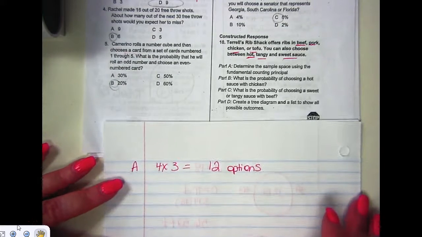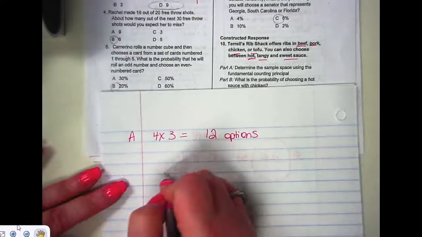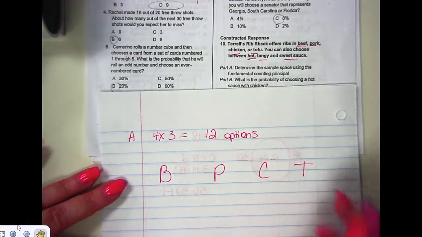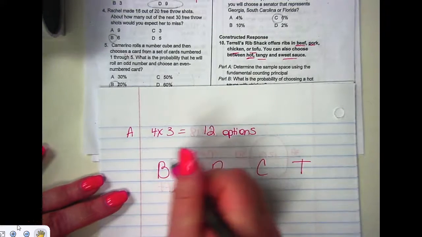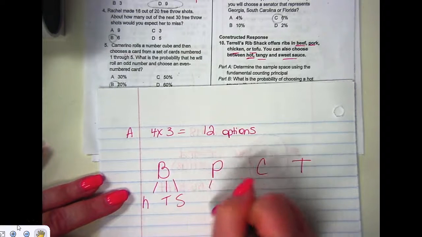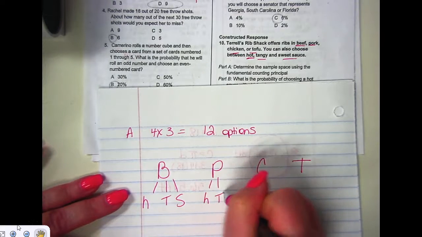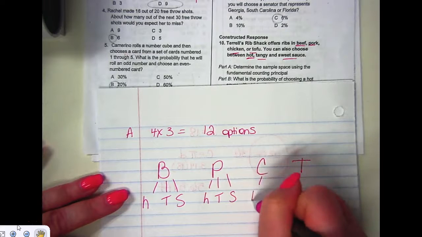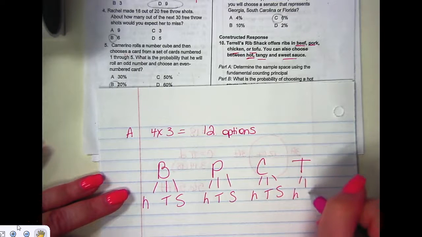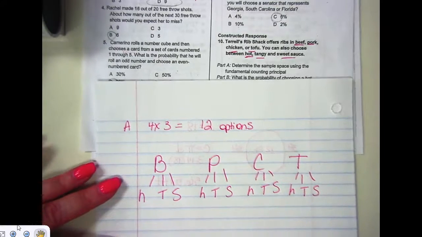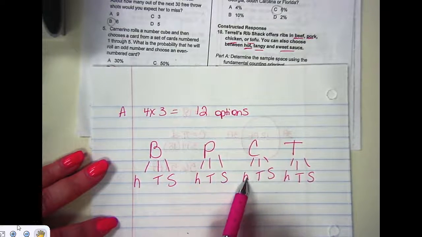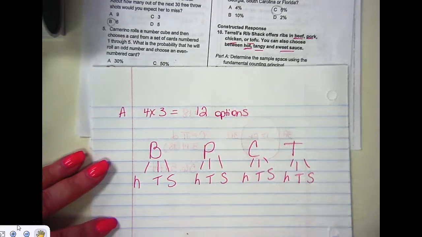All right. B, what's the probability of choosing hot sauce with chicken? So now I need to do a tree diagram. Beef, pork, chicken, or tofu. Hot, tangy, sweet. All right, there's my 12. 1, 2, 3, 4, 5, 6, 7, 8, 9, 10, 11, 12.